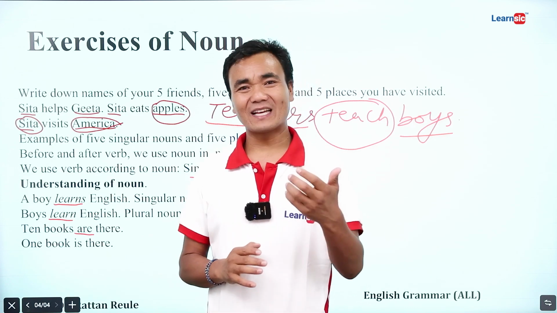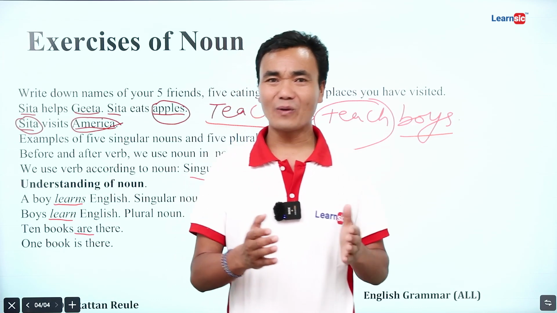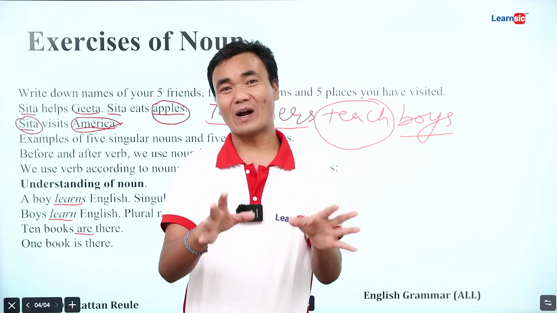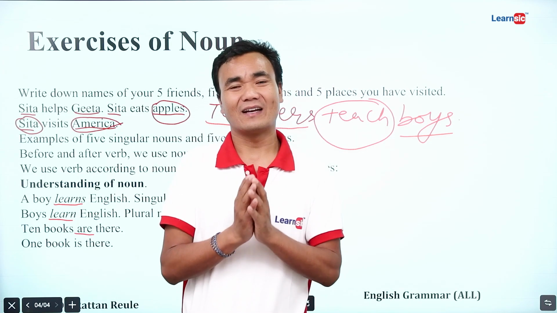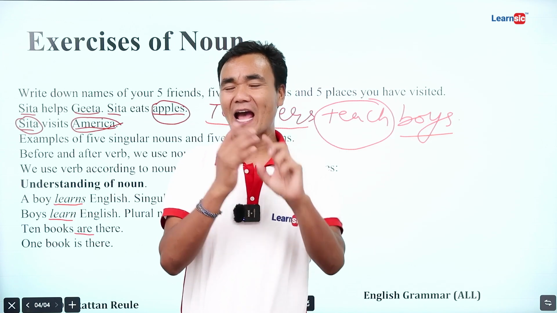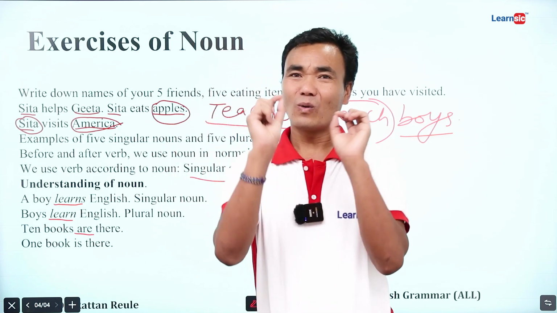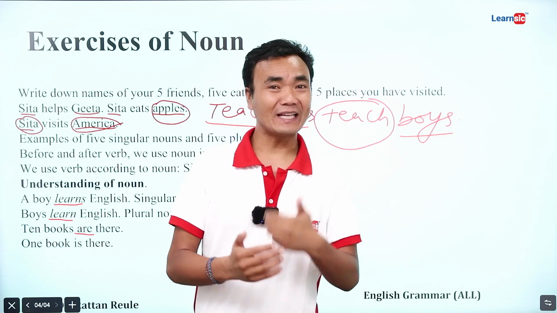And once again, just let me revise that noun refers to all names and there is nothing in the world without name. हैन, नामको बिना कुनै चीजै छैन, केहीको अस्तित्वै छैन. And then after singular and plural हामी starting मा सिकौं हैन, singular only one noun, only the one and more than one is called plural noun in English grammar.